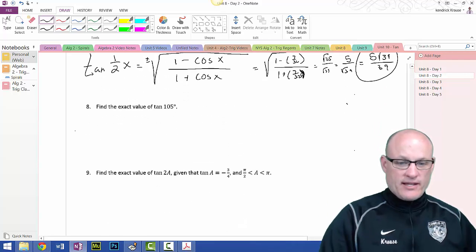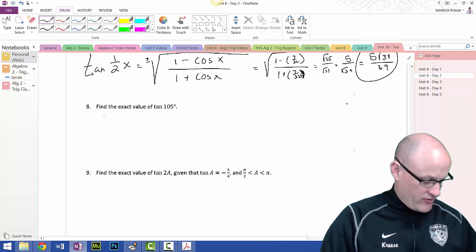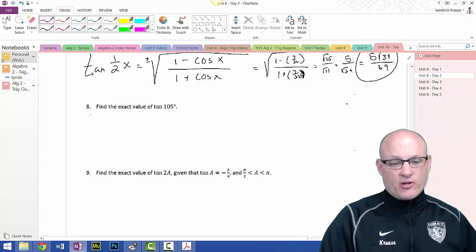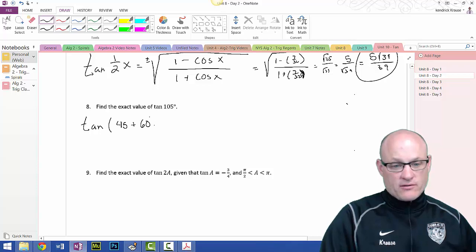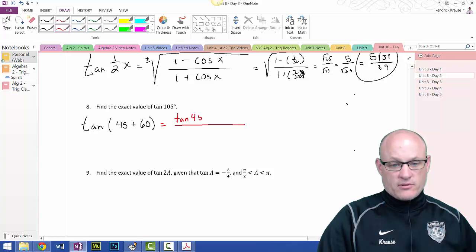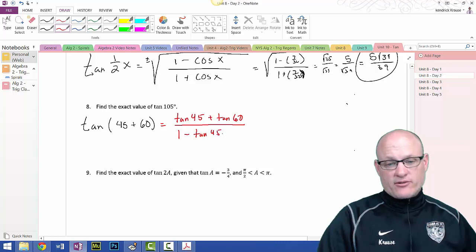Find the exact value of the tangent of 105. This one's a little bit different, so I'll show you why. Tangent of 105 is 45 plus 60, so this is equal to tangent of 45 plus tangent of 60 all over 1 minus tangent of 45 times the tangent of 60.